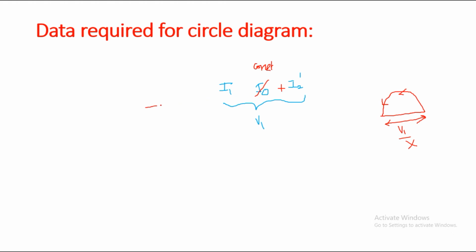So we can say this I1 is also going to have a locus diagram with the same diameter as I2 dash. So we can say this diameter is V1 by X. So both are having dependency on the loading conditions of the induction motor.